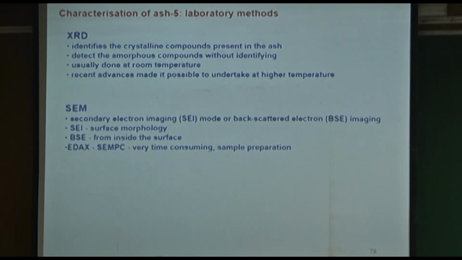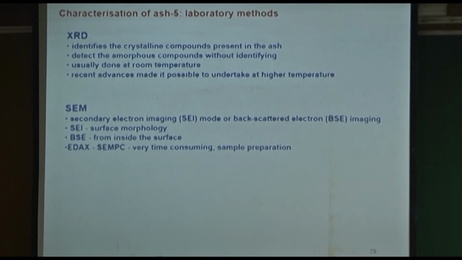That releases electrons, depending on the voltage that you are applying. And how many electrons you are detecting tells you what the actual compound is. So there are different ways of doing it. One is called a secondary electron image, SEI. The other one is the backscattered image.